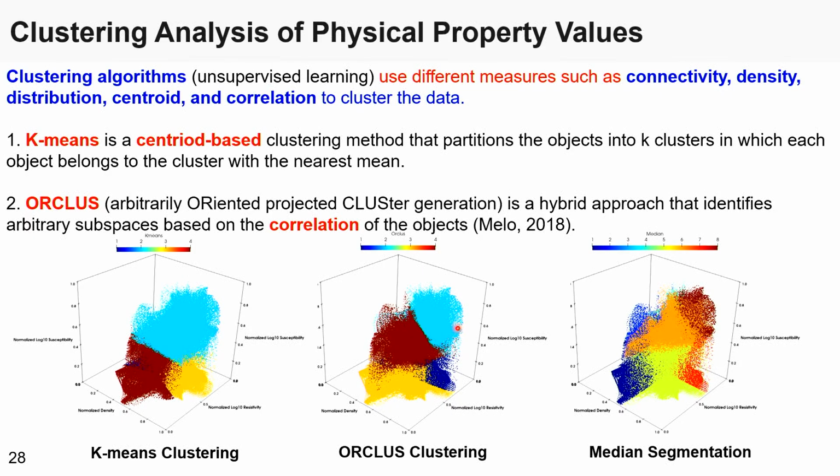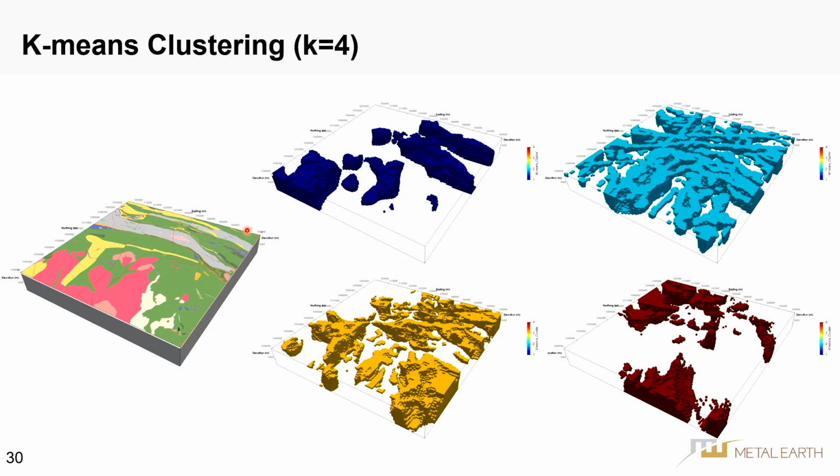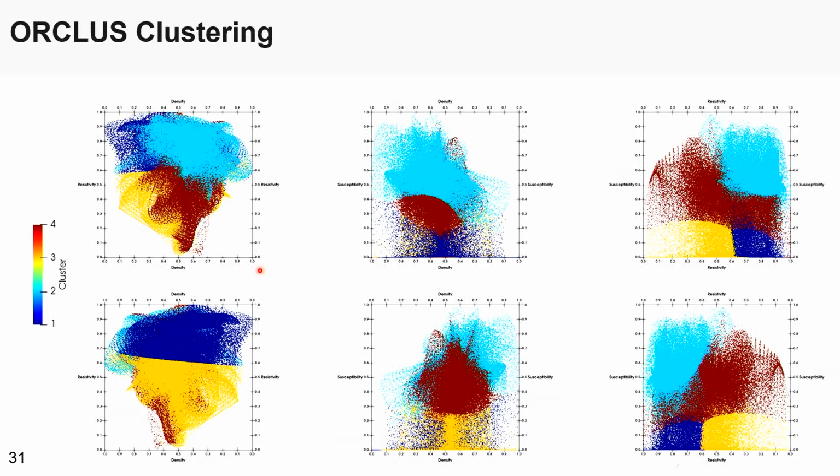Then once you cluster them, you can put them back at their locations and see how much they match the surface. I had a hard time matching anything meaningfully to what's going on at the surface, the lithology.